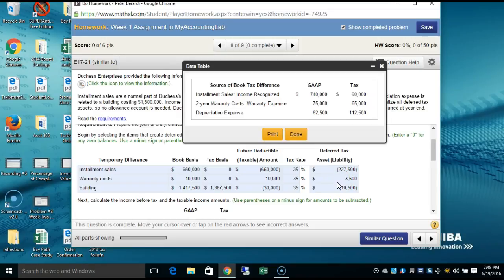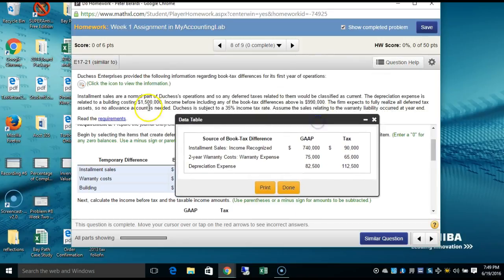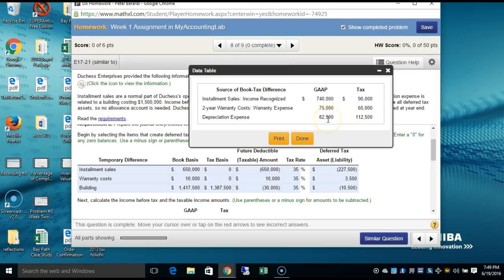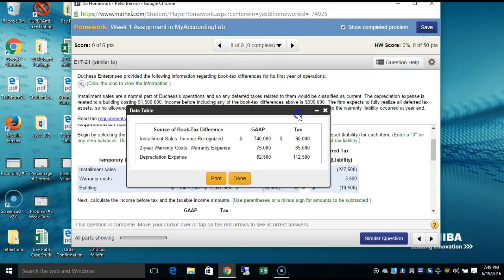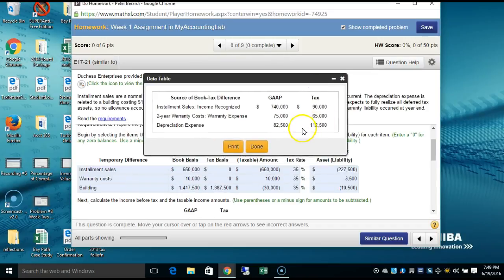The building. The building is based on the following calculation. Take the building cost of $1,500,000 minus $82,500 for GAAP, which is the accumulated depreciation, to get to the book value of the building, which is $1,417,500. Take the same cost of $1,500,000 under the tax purposes, subtract the accumulated depreciation on our tax books of $112,500.